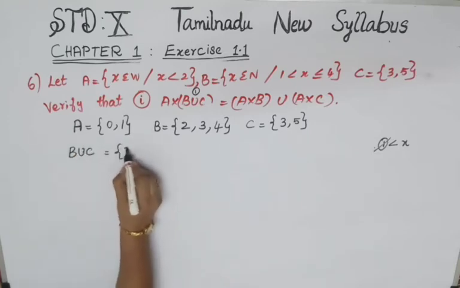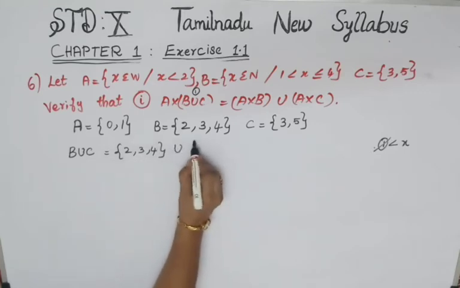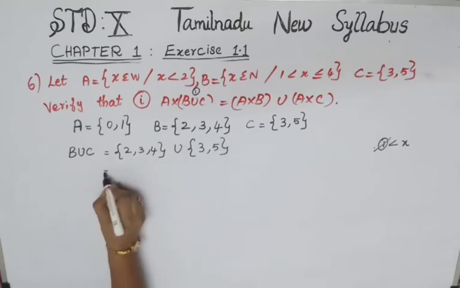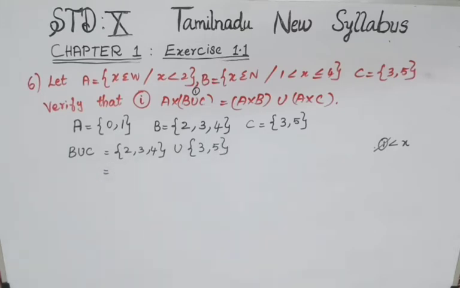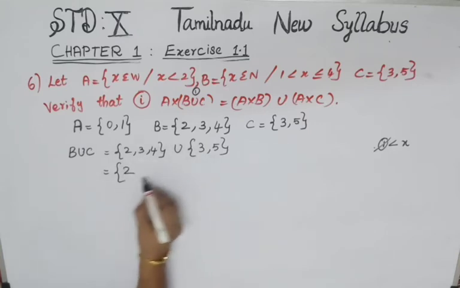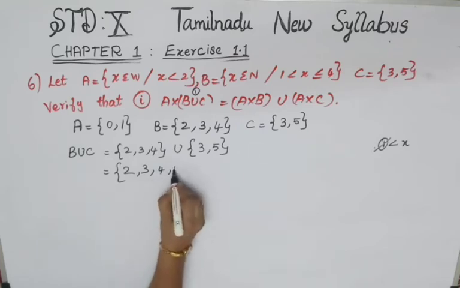Write your B, that is {2, 3, 4}, then union your C, {3, 5}. Union means club all the numbers and write them, otherwise join all the numbers in B and C. So 2 is there, just write it. 3 is there twice, writing once is enough. Again 4 and 5 you have got. So this is your B ∪ C.